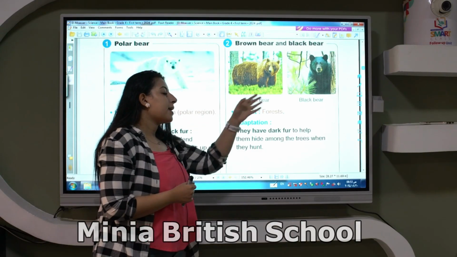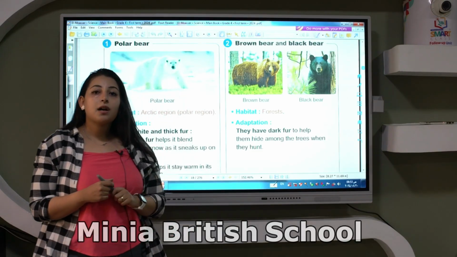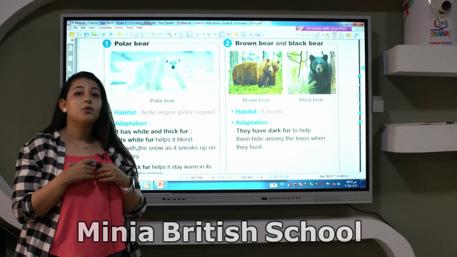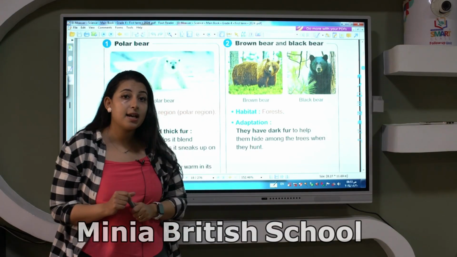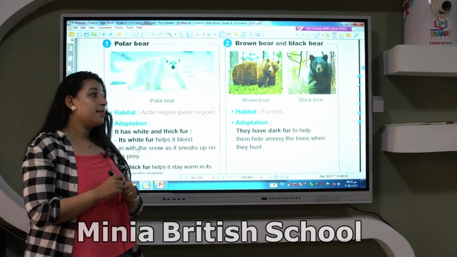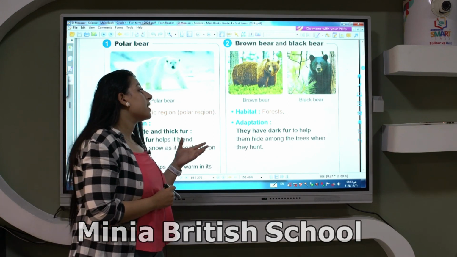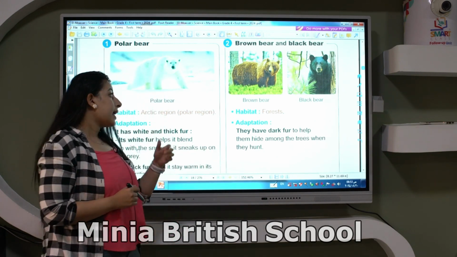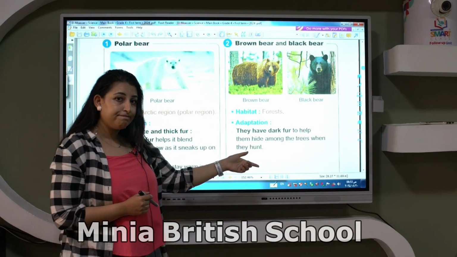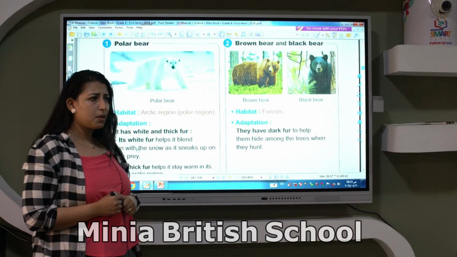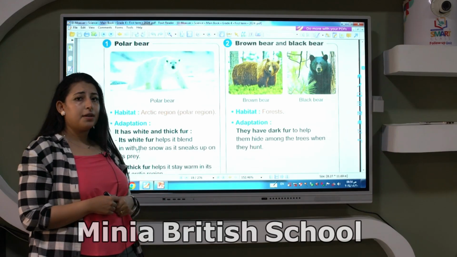So brown bears and black bears have these colors to stay hidden among these trees, so they live in forests. Can a polar bear live in a forest? Of course not, because it's not suitable for him.